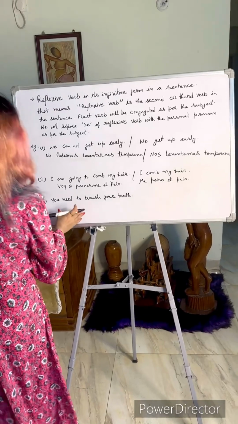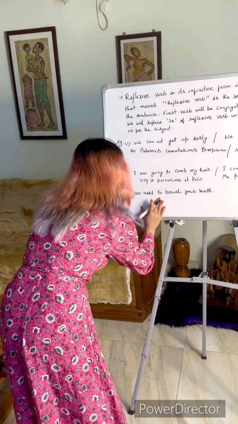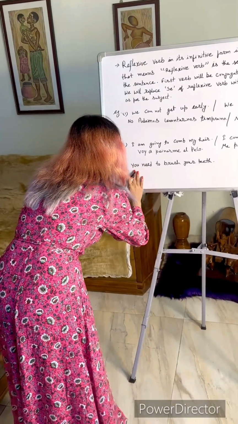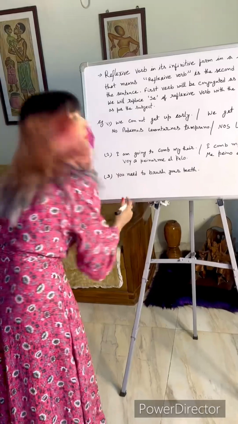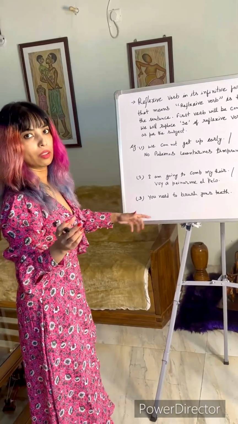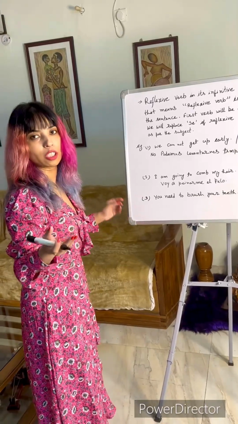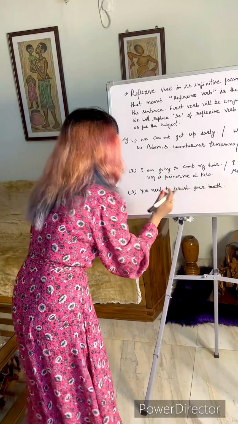Now the next sentence is you need to brush your teeth. So you need to. Need is necesitar. But we are supposed to use the second form conjugation of necesitar. Necesitar is also an AR ending regular verb.